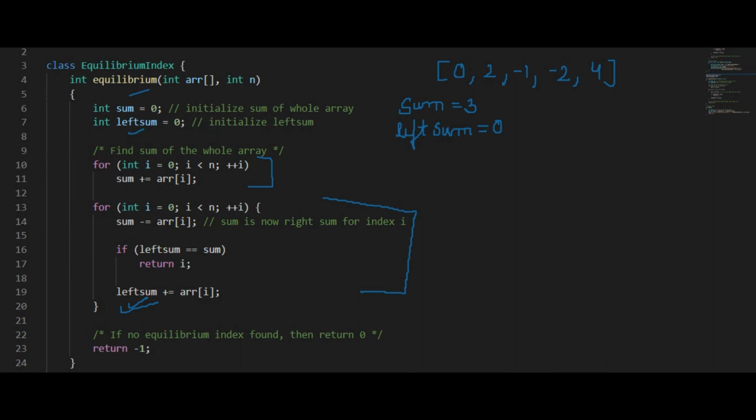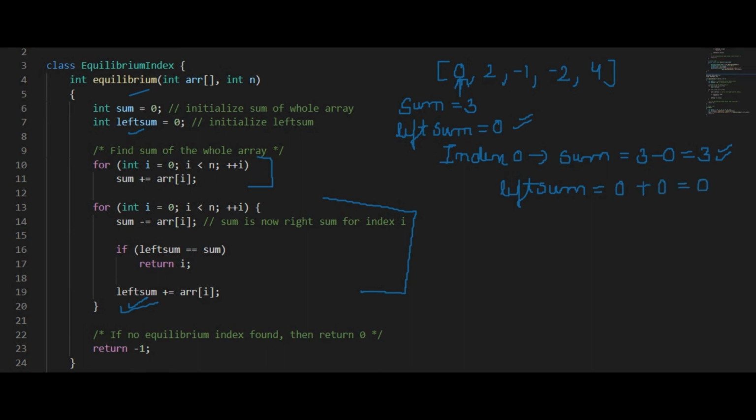First thing that we have to do is, for index 0, we have to subtract the current element from the sum. That means our sum will become the previous sum minus 0, which is unchanged. Then we will check if left sum, which is 0, is equal to the current sum. They are not, so we will continue forward, and now our left sum will become 0 plus the current element, which will be 0 only.